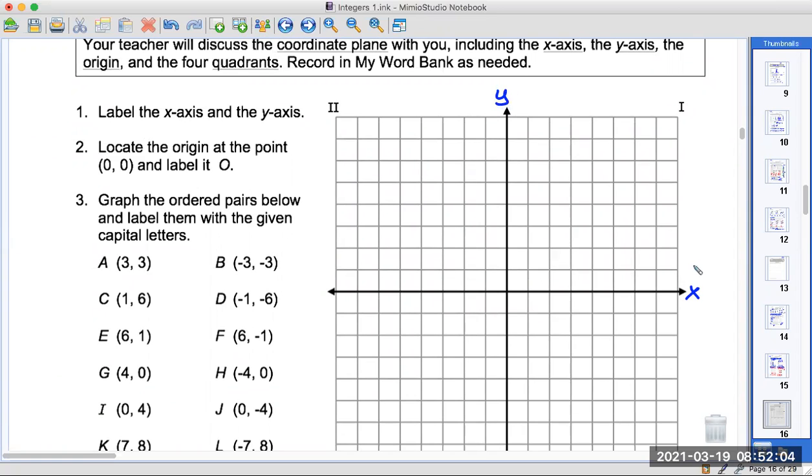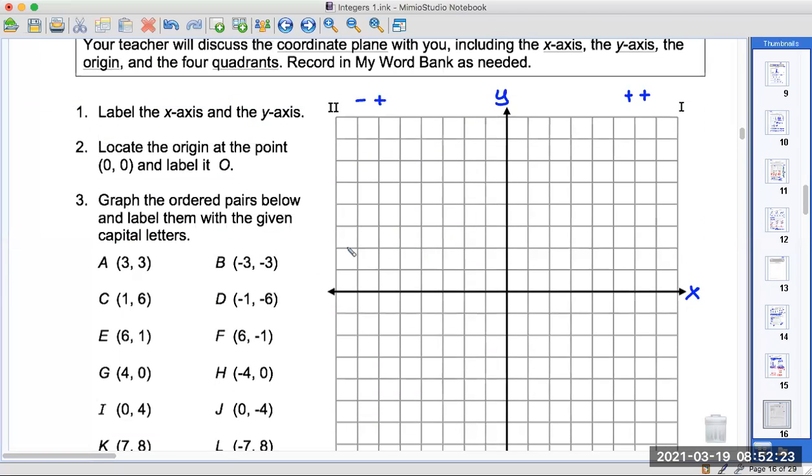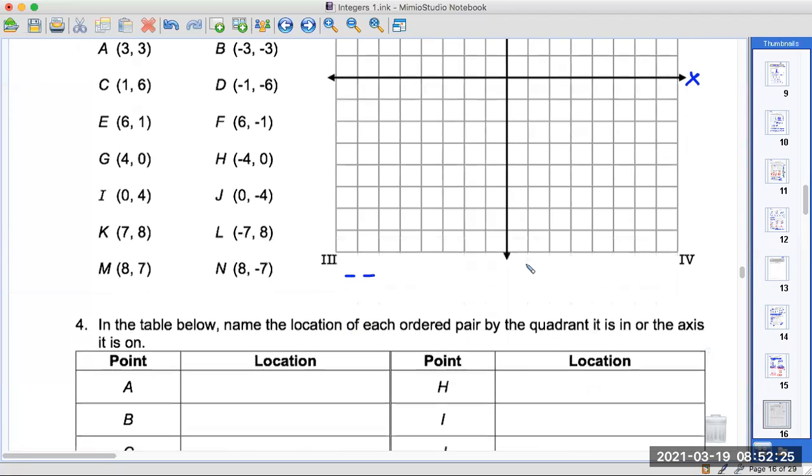And in the first quadrant, all your X's are positive numbers and your Y's are positive numbers. In quadrant 2, your first number is negative and your second number is positive. In quadrant 3, both numbers are negative, X and Y. And in quadrant 4, the X is positive and the Y is negative.